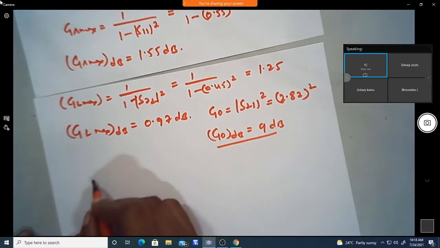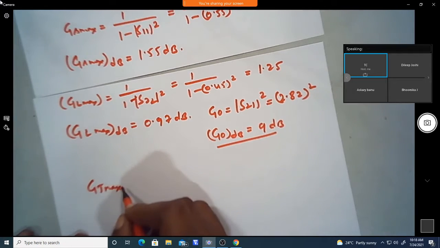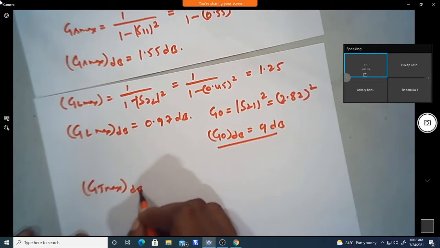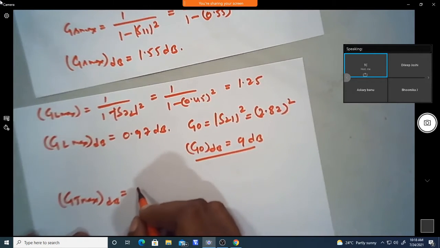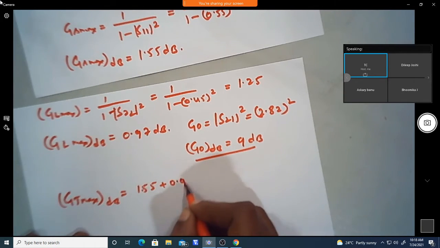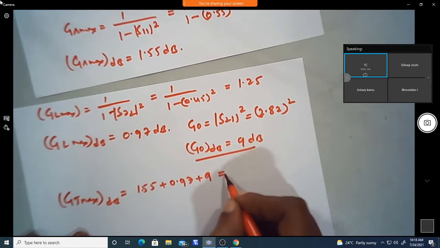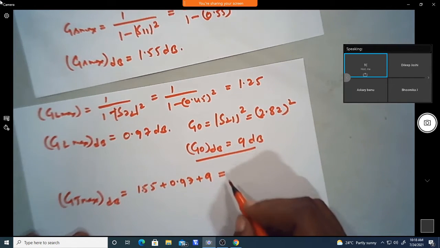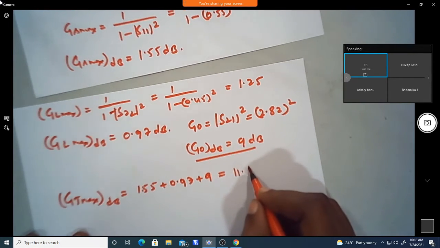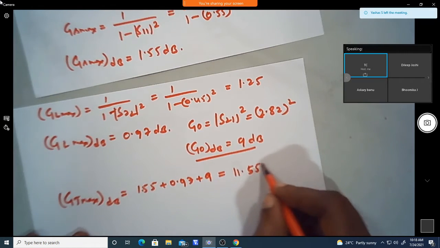Now if I take the addition of all these values, GT max in dB is equal to 1.55 dB plus 0.97 dB plus 9 dB. If I add all these, you are going to get 11.55 dB.